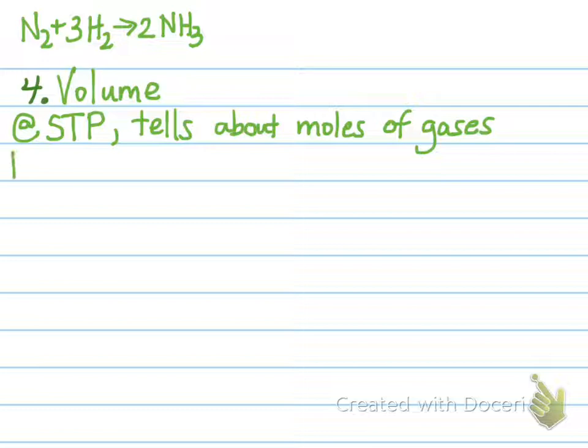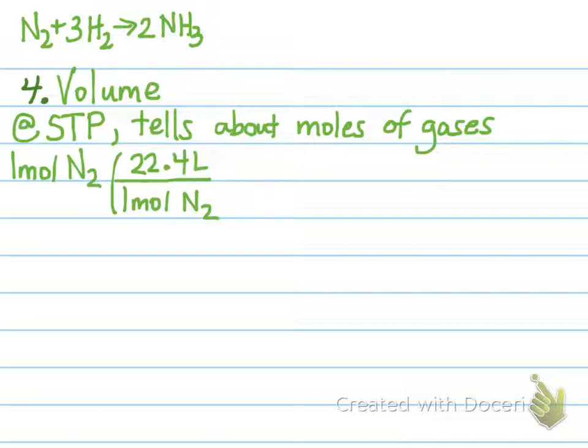So my coefficient says I have 1 mole of nitrogen. And I know that at STP, 1 mole of nitrogen has a volume of 22.4 liters. Oops, should be a 4. Again, that's a tool. It's the molar volume tool off of your tool kit. So I have 22.4 liters of nitrogen gas at STP.